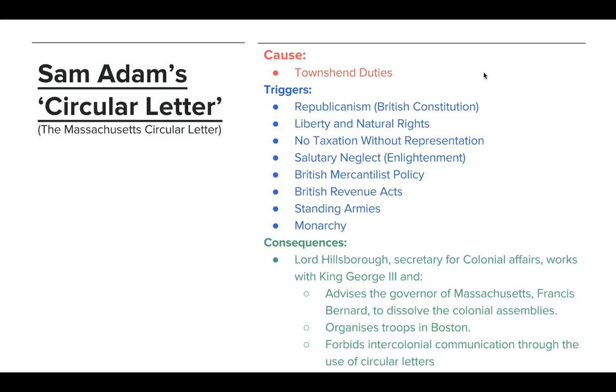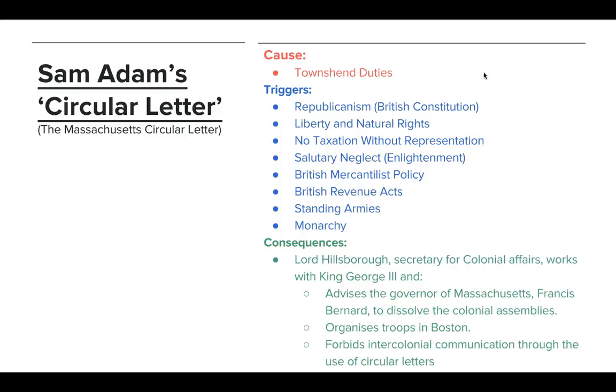And these three acts are huge consequences of the circular letter, because pretty much what Lord Hillsborough has done alongside King George is that he's shut down the ability for the colonies to communicate with one another and unite and act together.